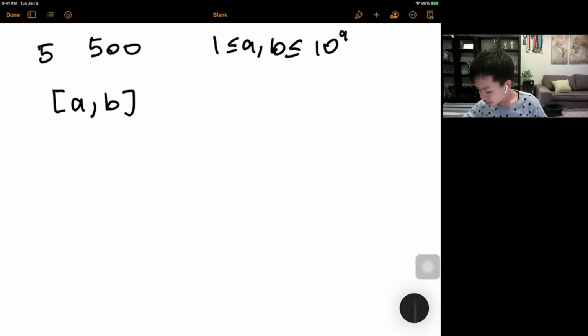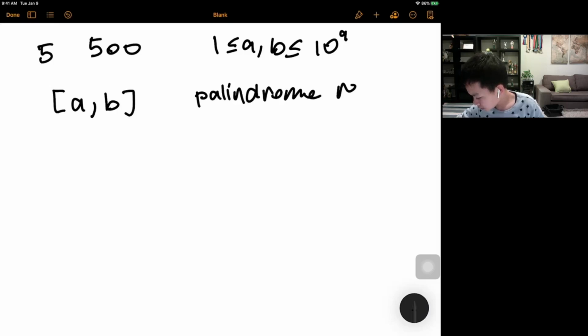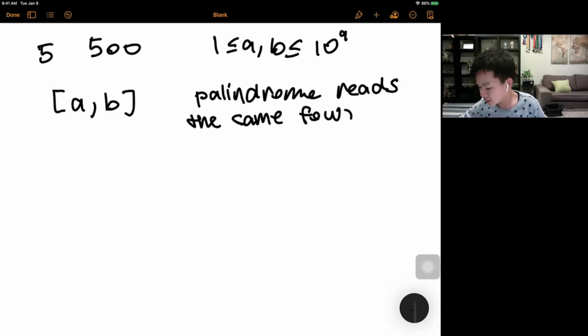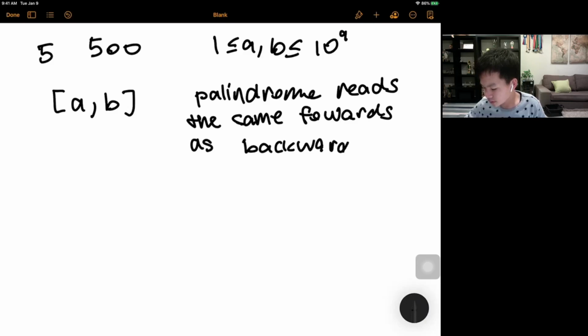So then, notice that a palindrome reads the same forwards as backwards, so we can actually just generate the palindromes instead.